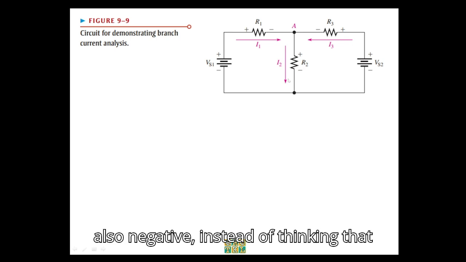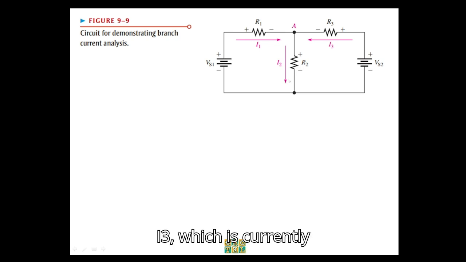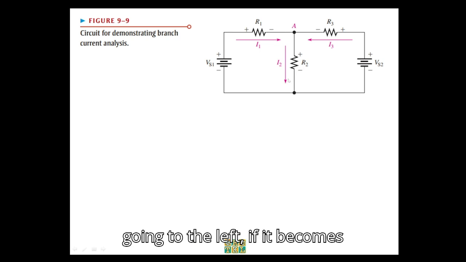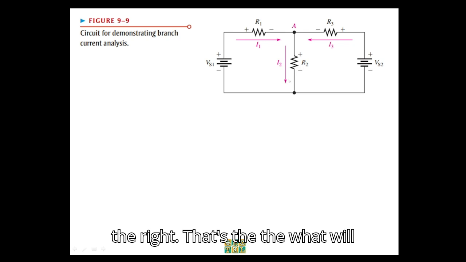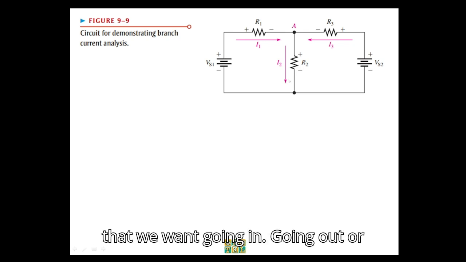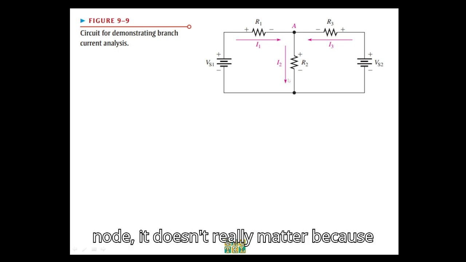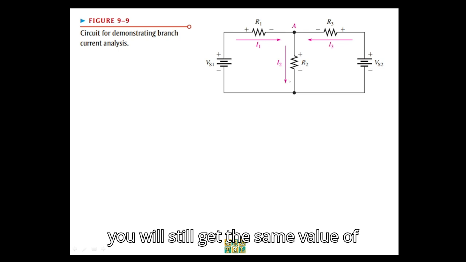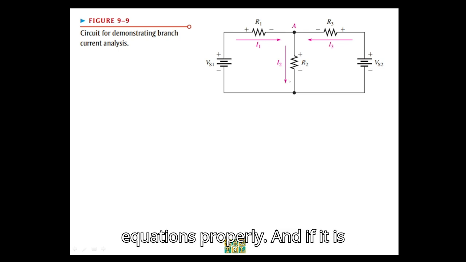If I2 is also negative, instead of going down, it will be going up. And I3, which is currently going to the left, if it becomes negative, it will be going to the right. So we can write any direction that we want, going in or going out of the node. It doesn't really matter, because you will still get the same answers if you know how to do the equations properly.